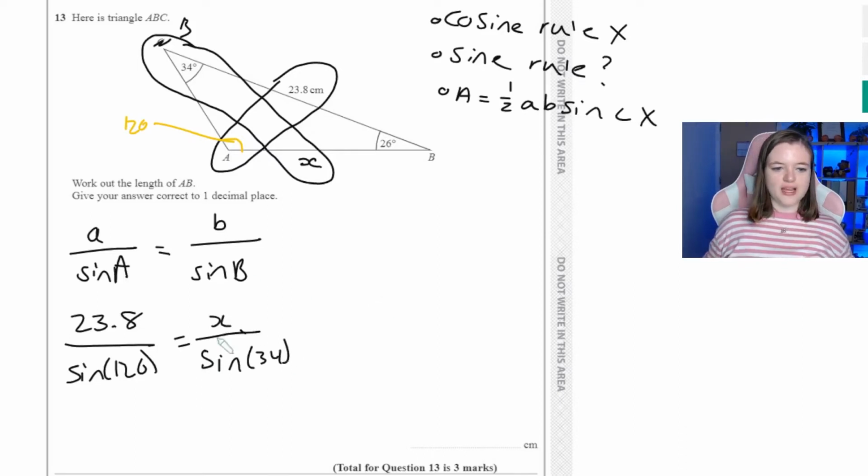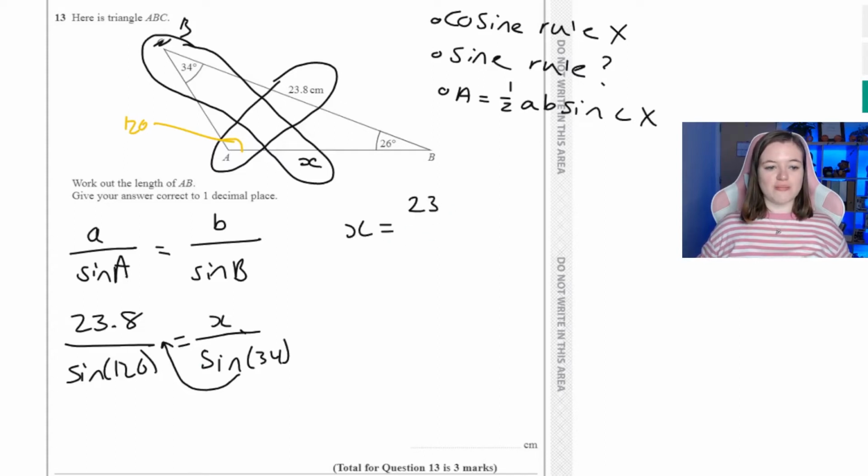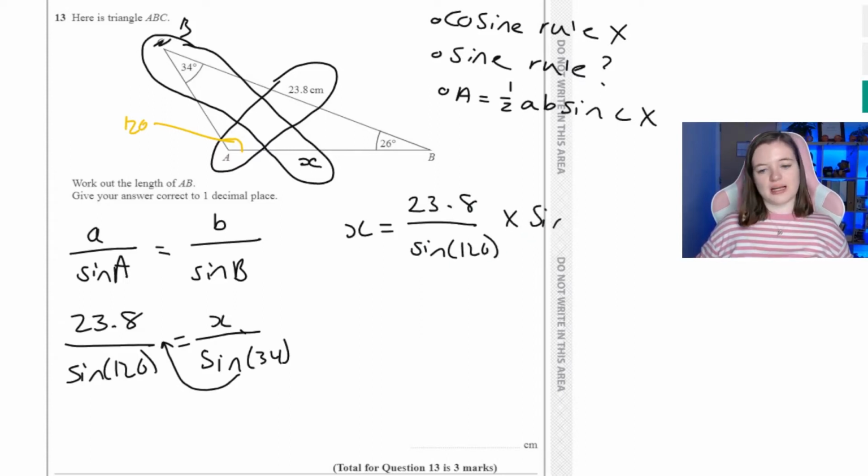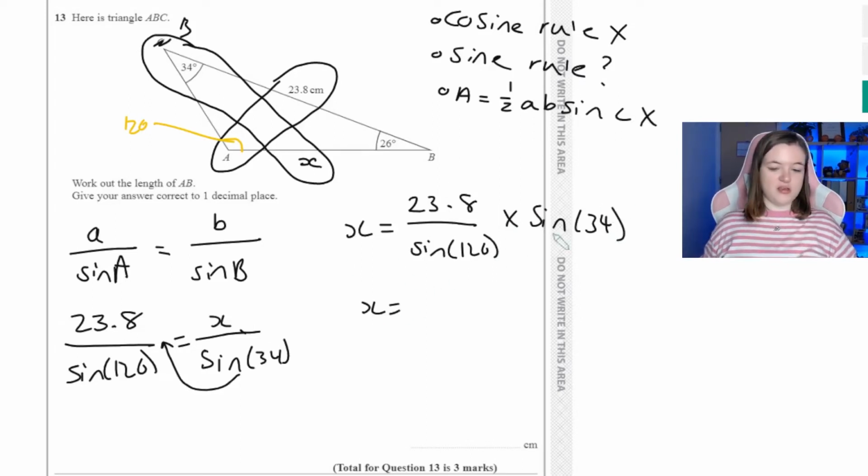And then from here, we want X on its own. So we're going to rearrange to get X on its own. So we're going to times that up there. So then we're going to get X is equal to 23.8 over sine 120 times sine 34. So you type that into your calculator, just as it is there, fraction times that.